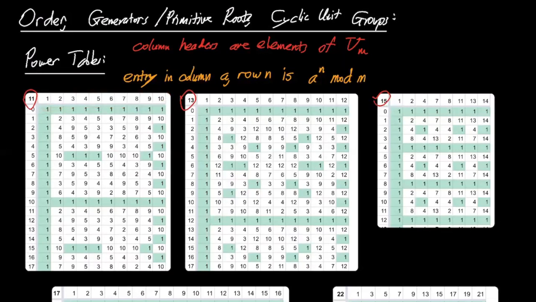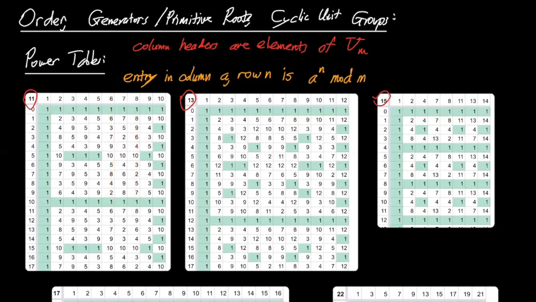It's everything non-zero for primes. But for something like 15, it's just these numbers because those are the numbers relatively prime to 15. And then the entry in column A, row N is A to the N mod M. So these are like the powers of 7 mod 11.